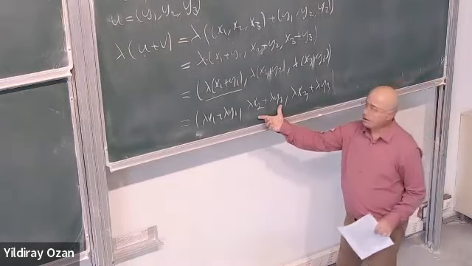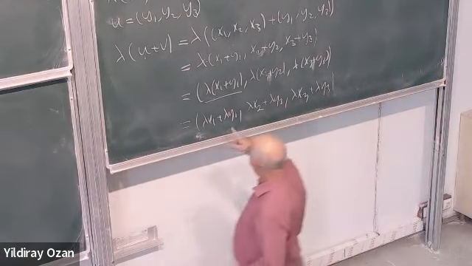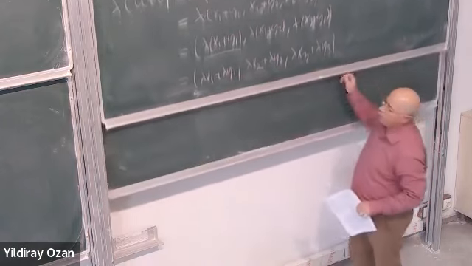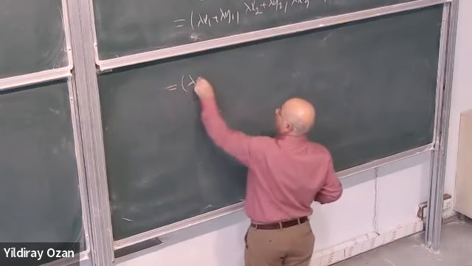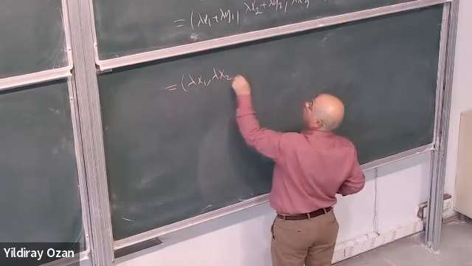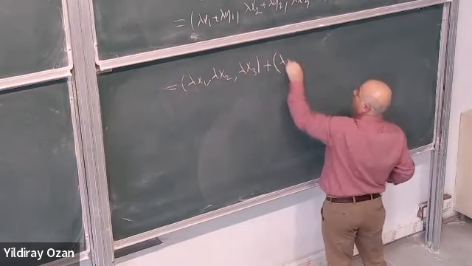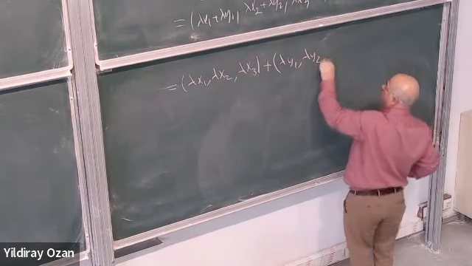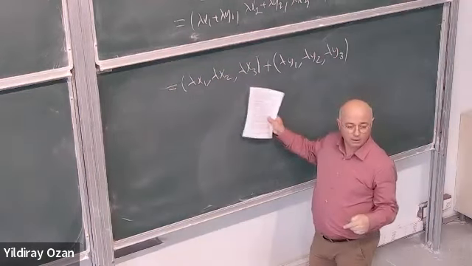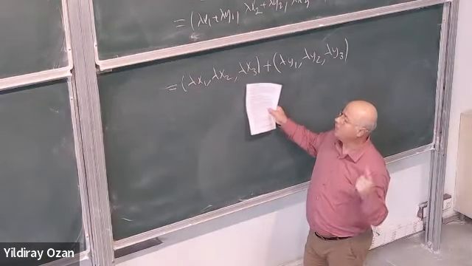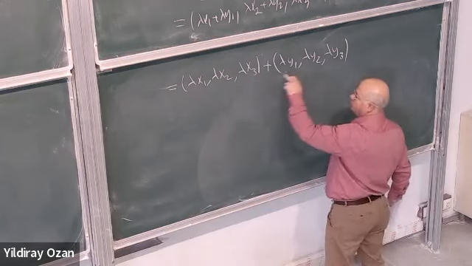And then we do what? This is similar to what we had over here. This looks like the sum of two vectors. Which two vectors? Lambda x1, lambda x2, lambda x3, plus lambda y1, lambda y2, lambda y3. Now I am using the property of vector space, this is how we add two vectors.